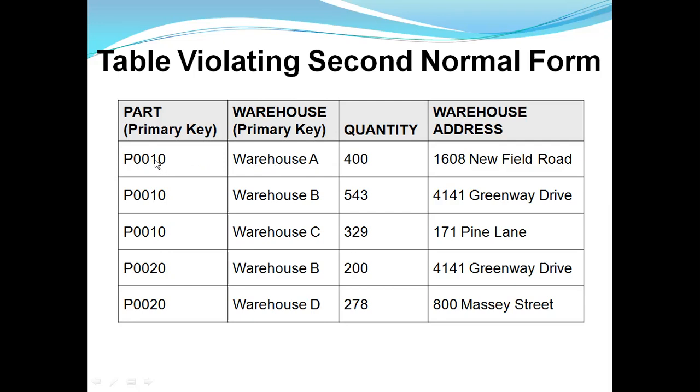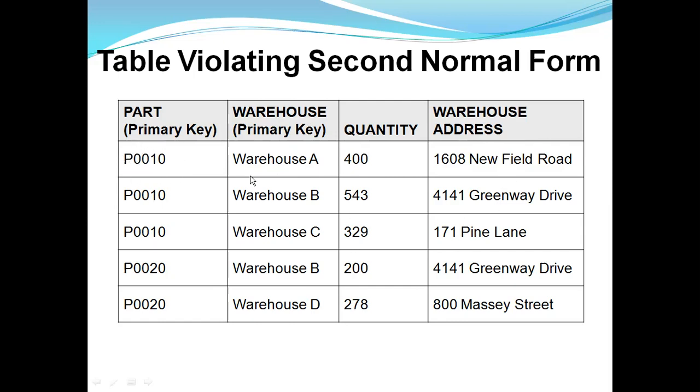मतलब अगर प्रोडक्ट चेंज हुआ तो भी क्वांटिटी अफेक्ट होगी, वेयरहाउस चेंज हुआ तो भी क्वांटिटी अफेक्ट होगी. That means quantity depends on entire primary key. But if you look at warehouse address, ये एड्रेस का पार्ट से कोई लेना देना नहीं है.